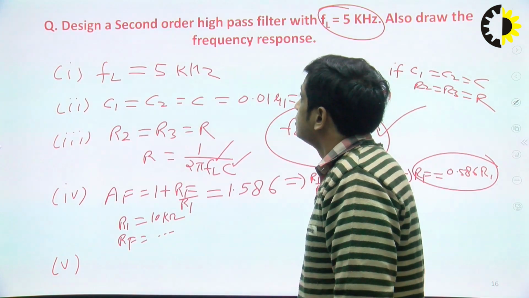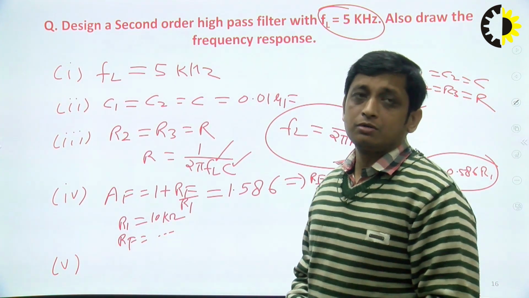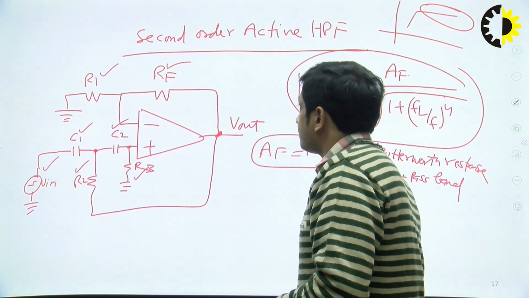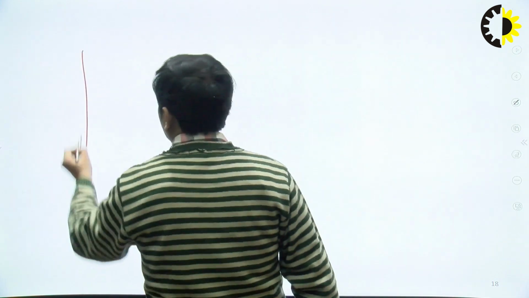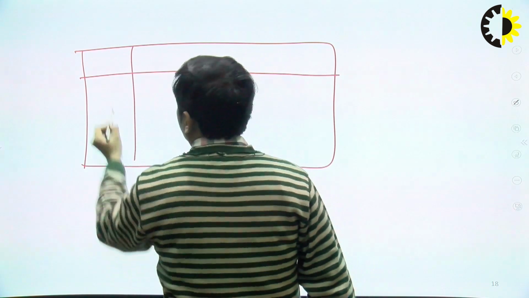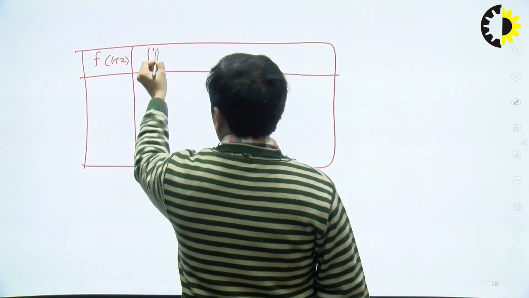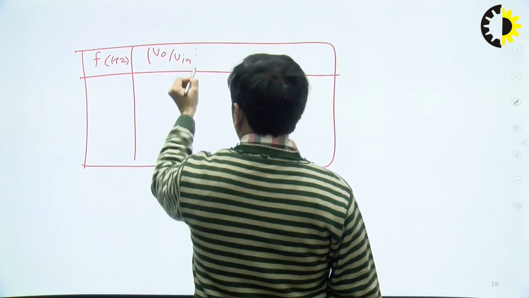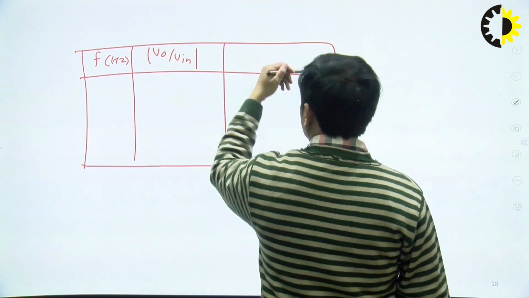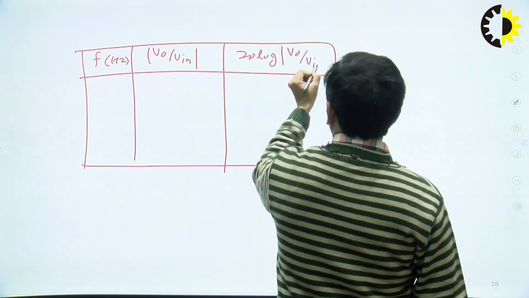Now, you have to draw the frequency response also here, right? To draw the frequency response, the step will be same. Again, you have to draw this table, and in the first column, there will be frequency F, let's say in hertz, and you have to calculate V naught upon V in for different frequencies, and you have to convert this voltage gain in ratio into dB, that is 20 log mod V naught upon V in.